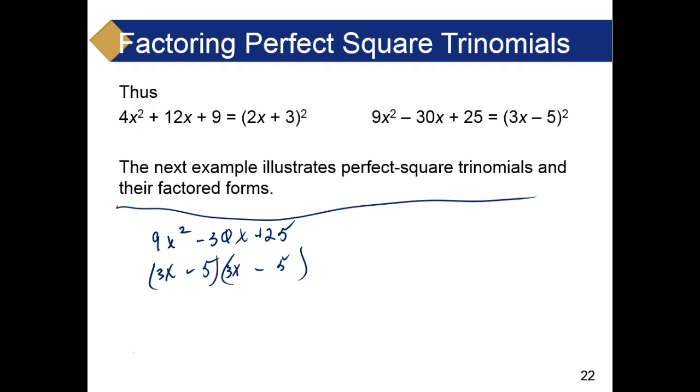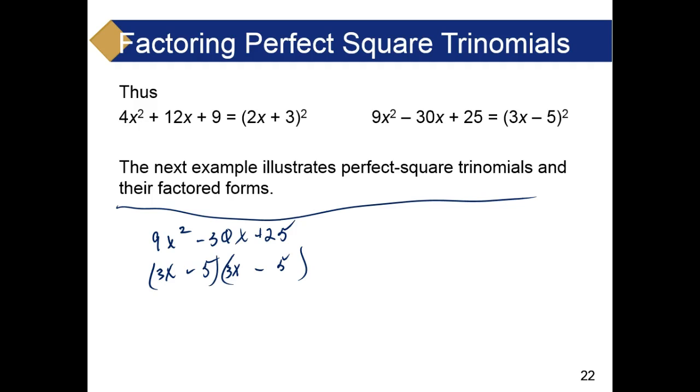Now, let's look at the two above here. They've already done the work. What do you think of this one? Worth a shot, perfect square trinomial, what would that be? 2x plus 3 squared.